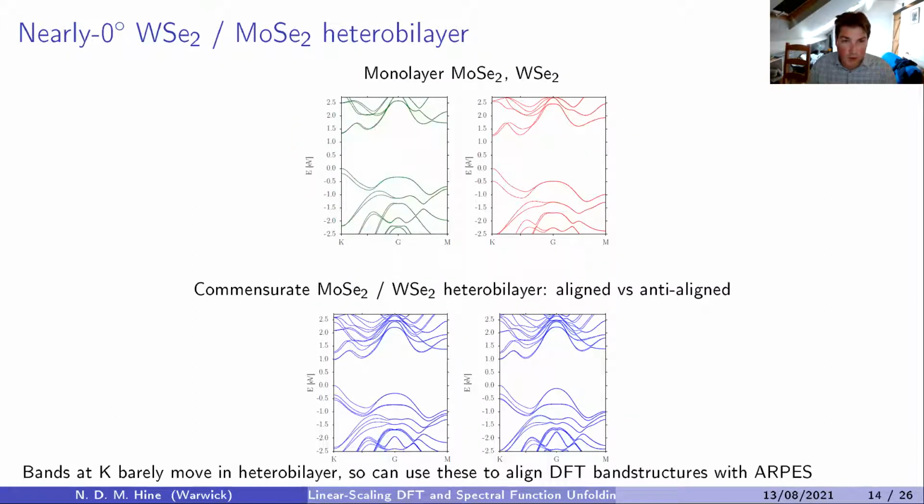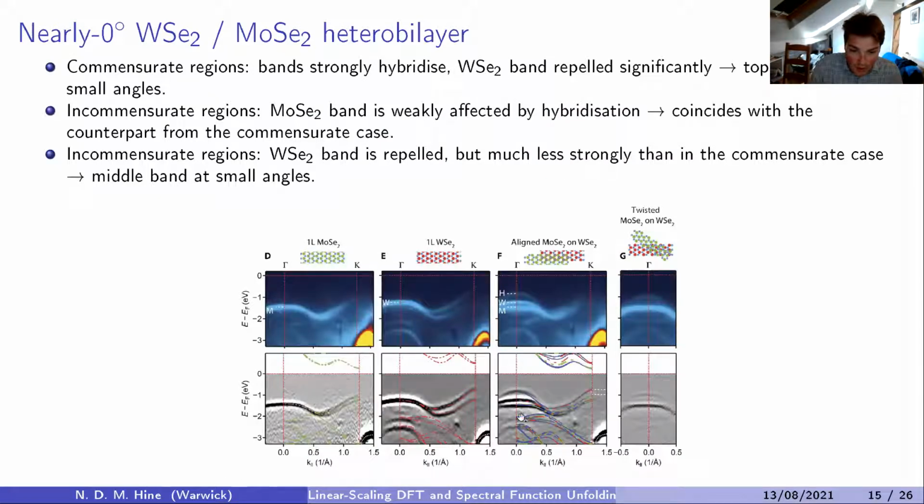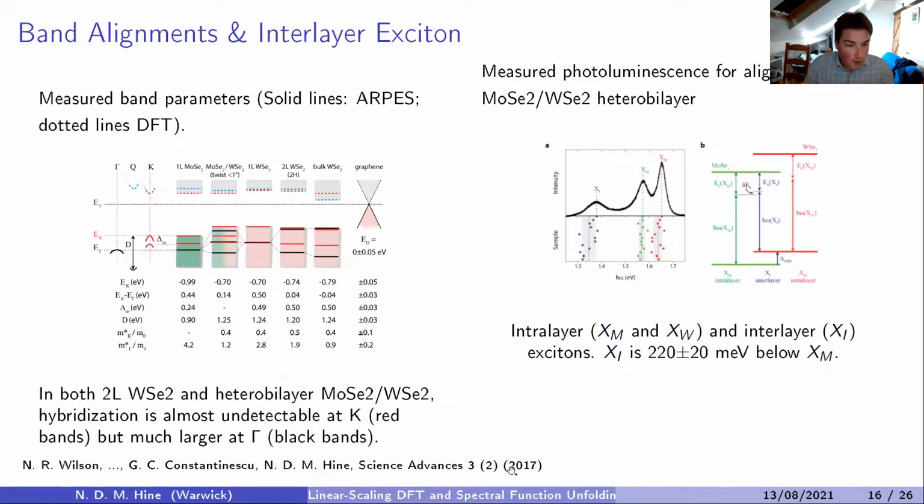The combination of DFT on the monolayers with DFT on the commensurate heterobilayers, and just superimposing them in the way that we knew how to do from the linear scaling calculations, allowed us to understand these band structures and show how these three bands are what you'd expect from the fact that there were pairs of two bands superimposed, but two of them were sitting on top of each other. So that was work we published back in 2017.